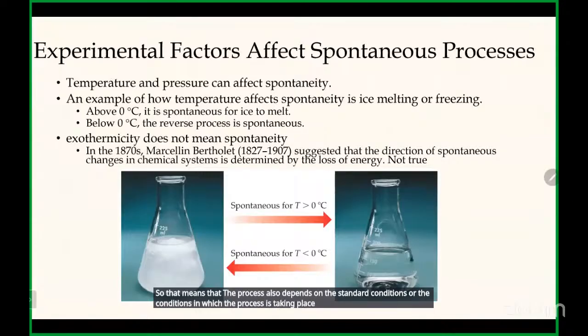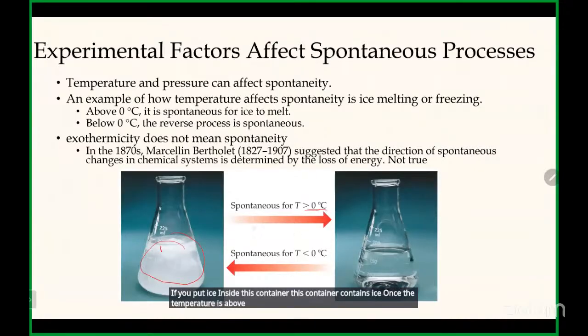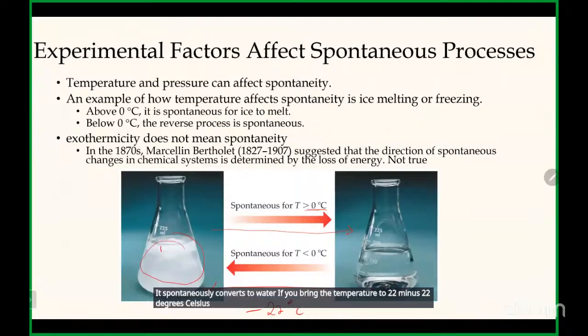For example, if you put ice inside this container, once the temperature is above 0 degrees Celsius, it spontaneously converts to water. If you bring the temperature to minus 22 degrees Celsius, the spontaneous direction is that it forms ice, solid H2O.